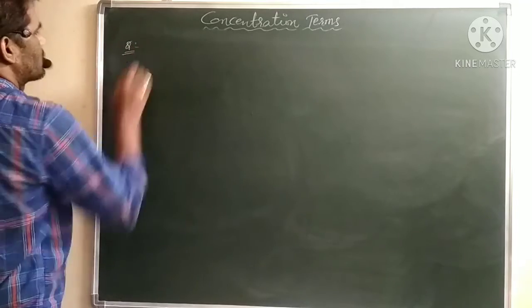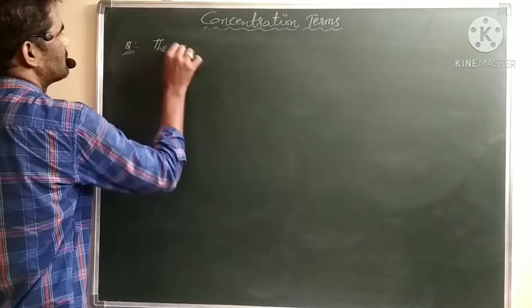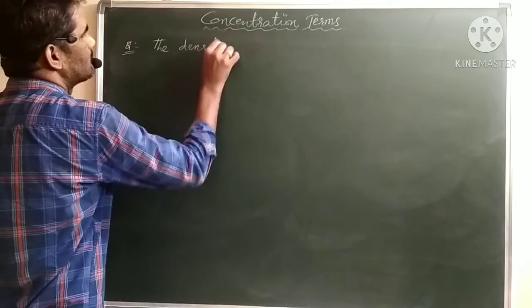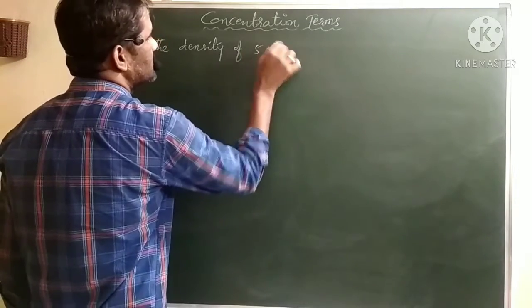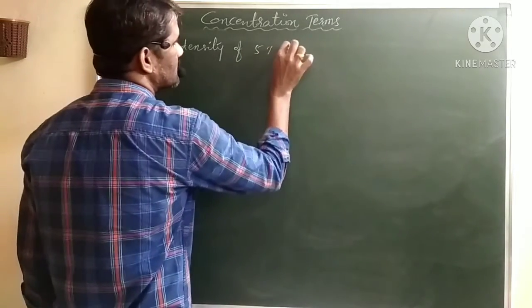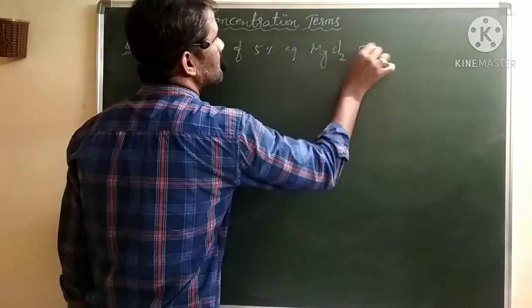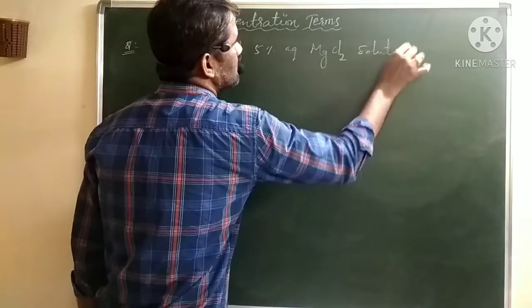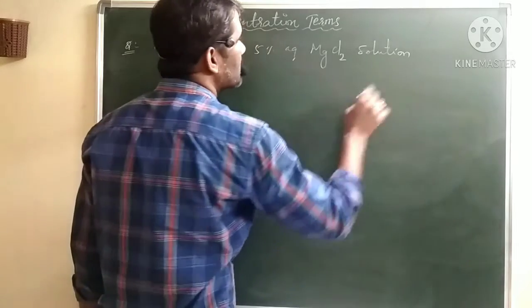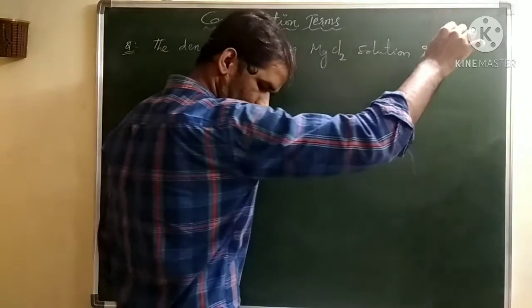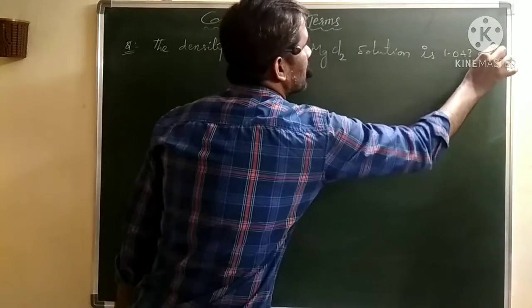Next, one more level question here. The density of 5% aqueous MgCl2 solution is 1.043 gram per ml.